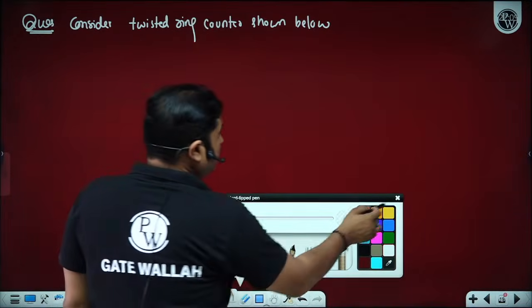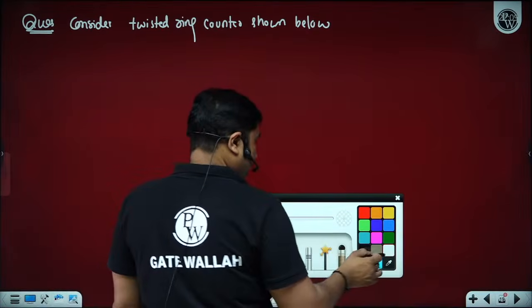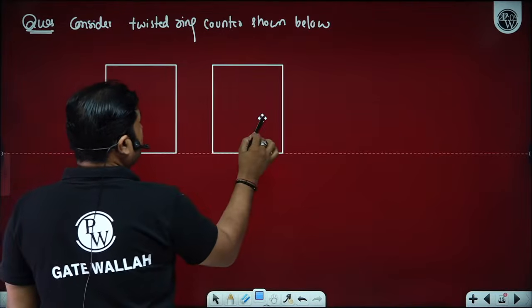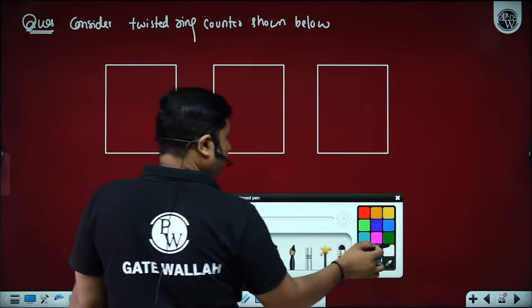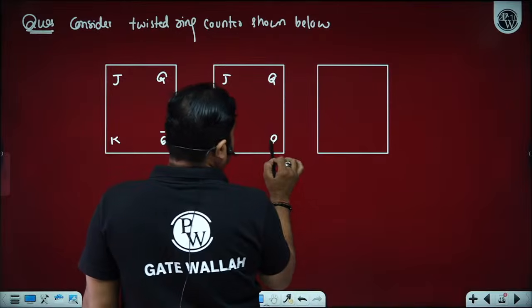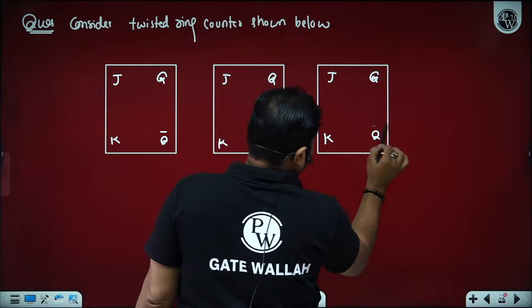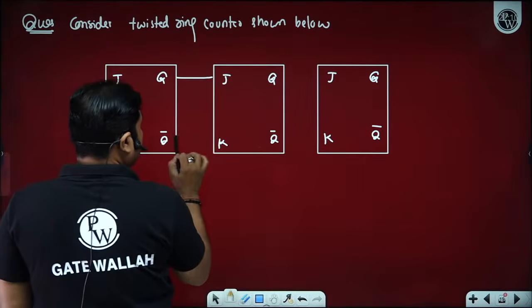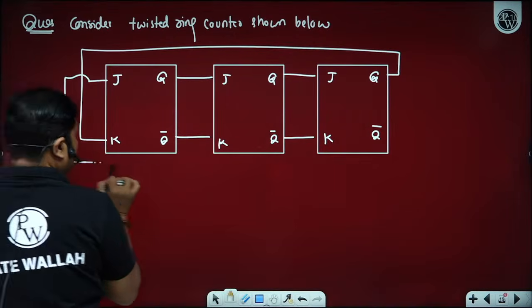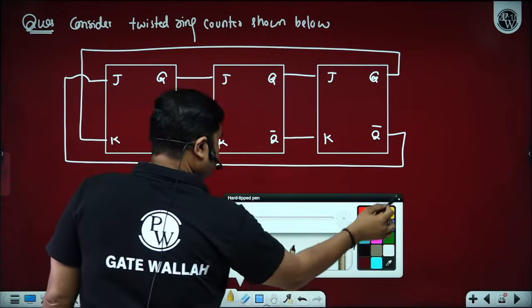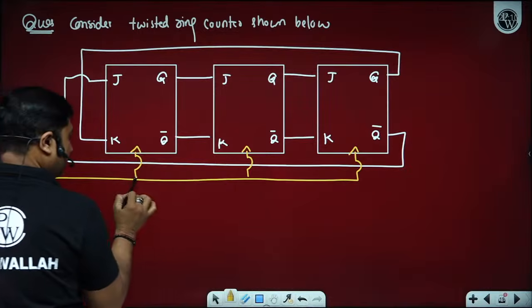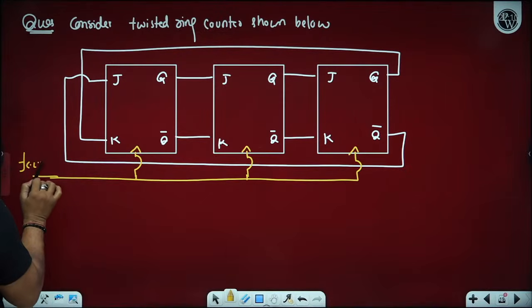Consider a twisted ring counter shown below. Suppose we have a twisted ring counter like this, I am using JK flip-flops, having clock frequency FCLK.